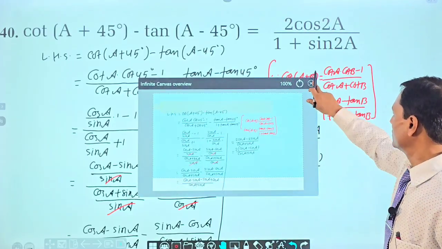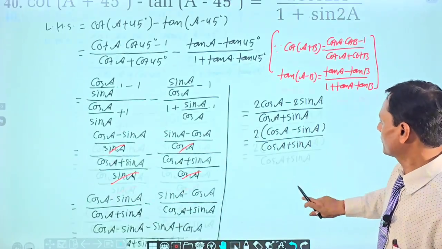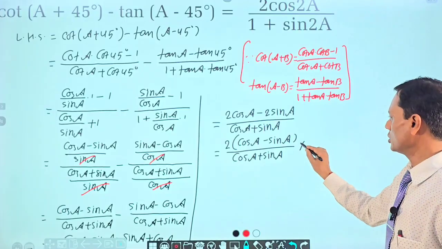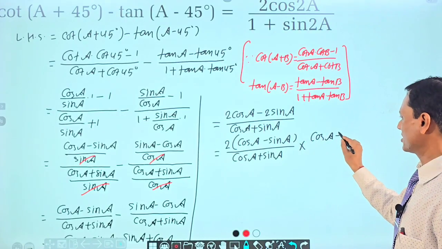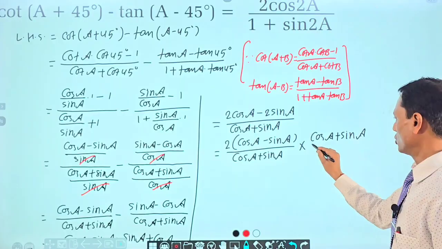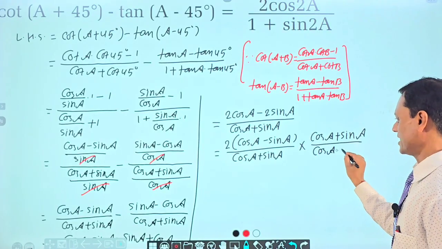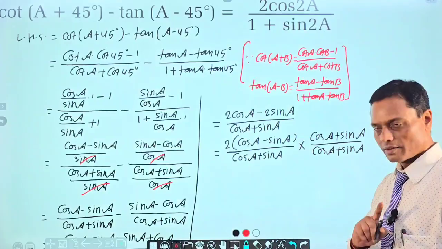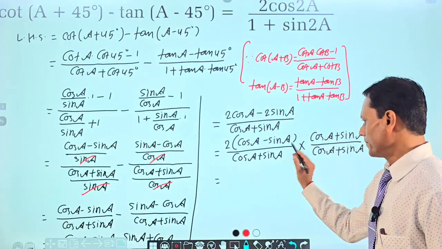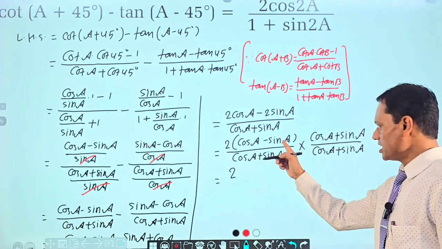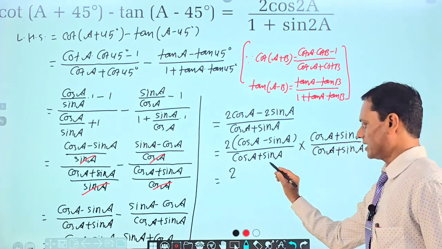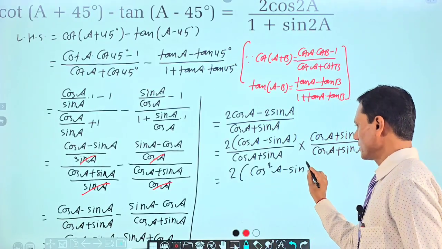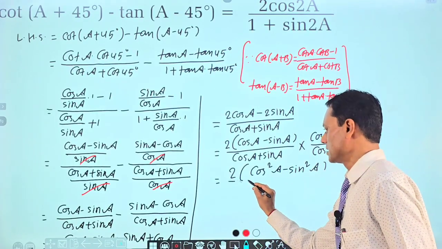So we can do here like this, into cos A plus sin A over cos A plus sin A. So next step is a minus b, a plus b, so that gives us cos square A minus sin square A.